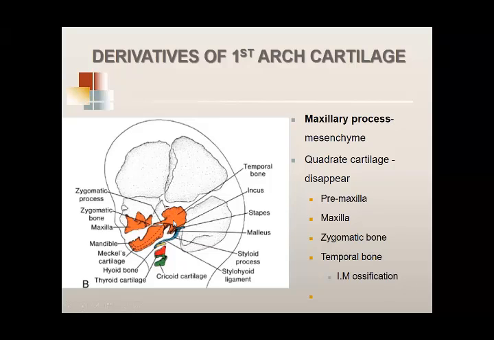When we discussed these bones, I told you the temporal bone begins to develop. Now all these bones develop by intramembranous ossification. We discussed this earlier. I told you the temporal bone begins to develop as a bone of the face, but later on it is drawn backwards, and it becomes part of the bone of the skull.